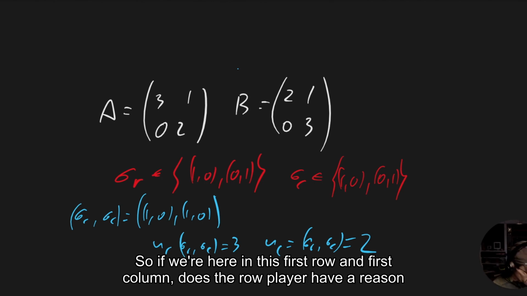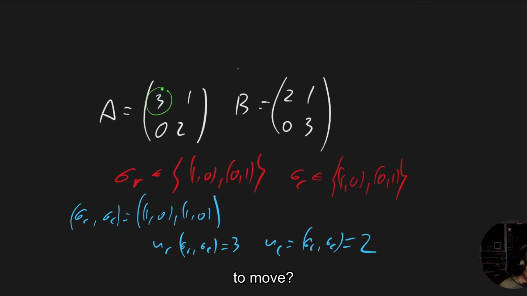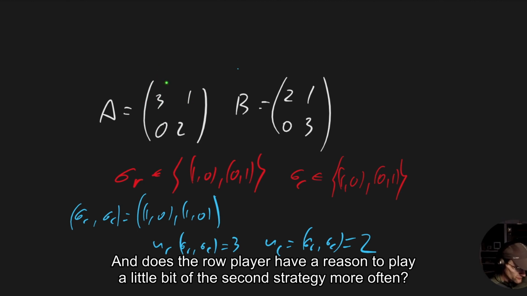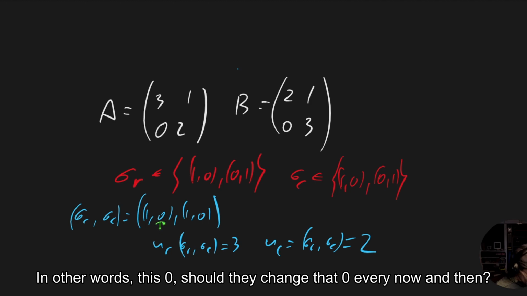So if we're here in this first row and first column, does the row player have a reason to move? So independently, and that's the important thing. The column player is not moving, and does the row player have a reason to play a little bit of the second strategy more often? In other words, should they change that 0 every now and then?